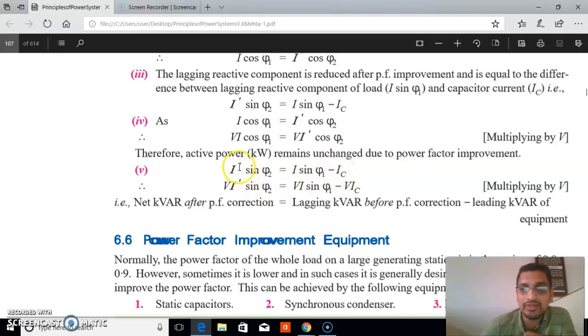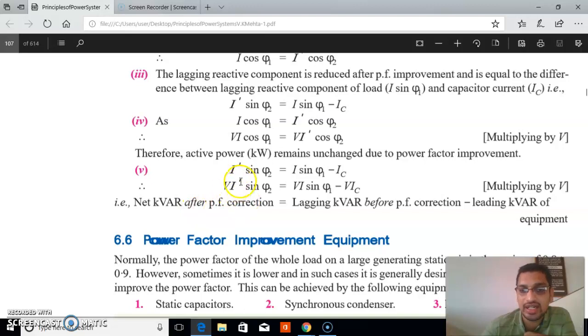Multiplying with V in this equation, the equation becomes V I dash sin phi 2 equals V I sin phi 1 minus V IC. So what is V I dash sin phi 2? V I dash sin phi 2 is the reactive component or kVAR after power factor correction.